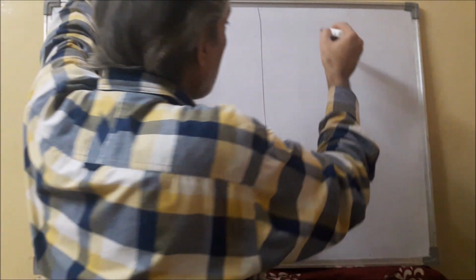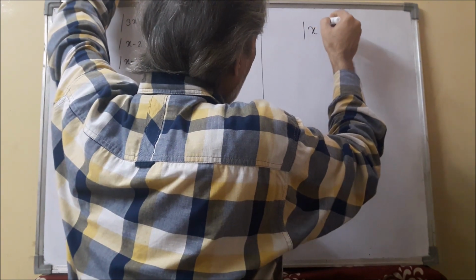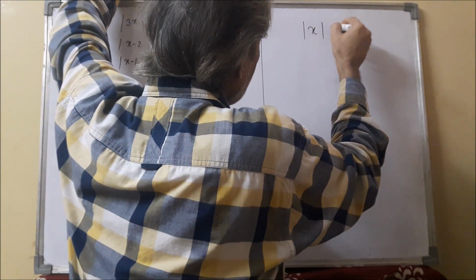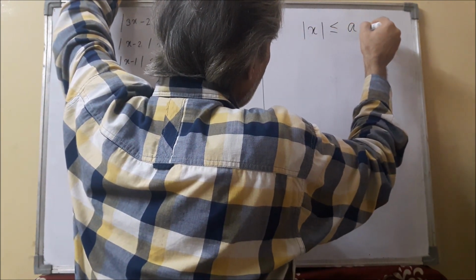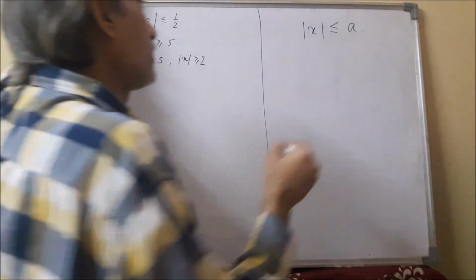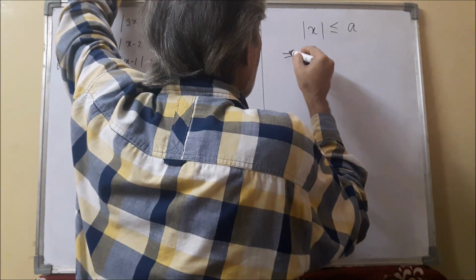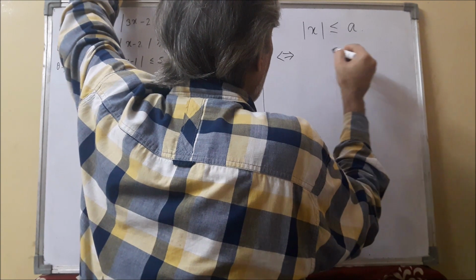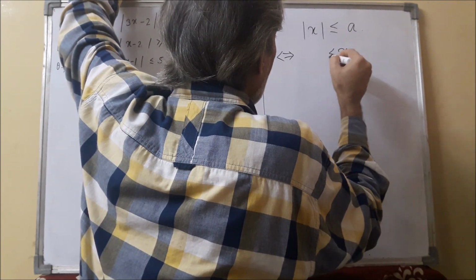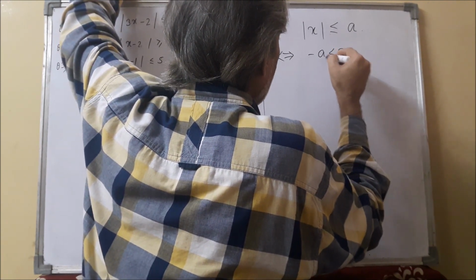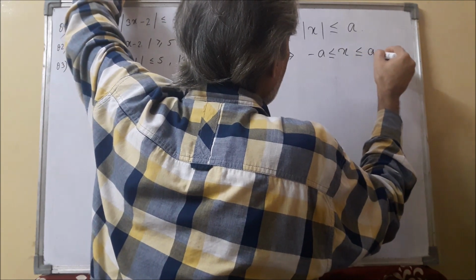Now as we know, mod of x less than or equal to a implies x will be more than or equal to minus a and less than or equal to a.